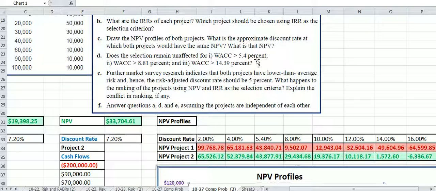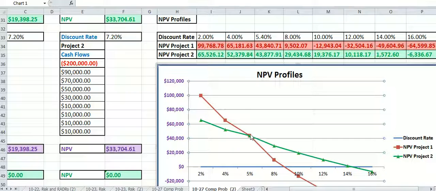So the hint is this 5.4, a figure that they give you in Part D. So what happens if the weighted average cost of capital is greater than 5.4? Well, that's the crossover point. So anything greater than 5.4, project 2 is going to have a higher net present value. And we can see that.